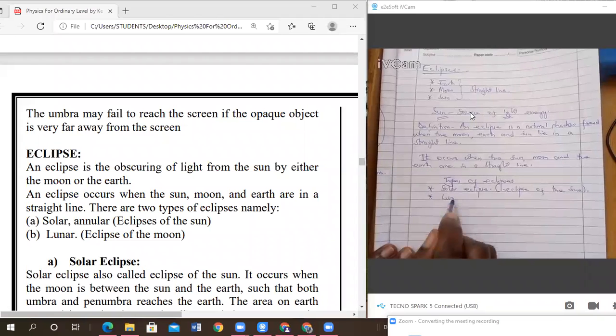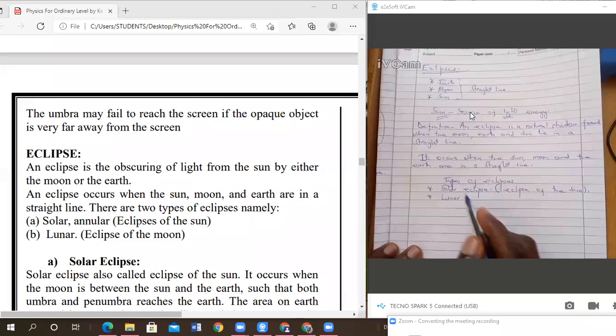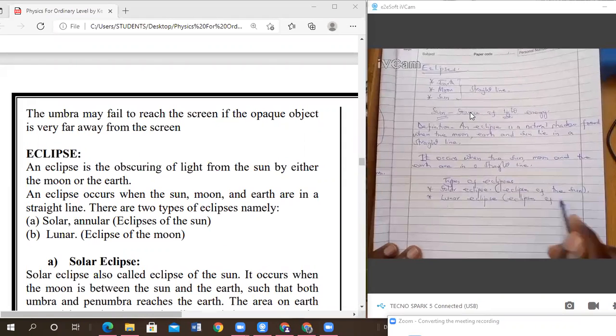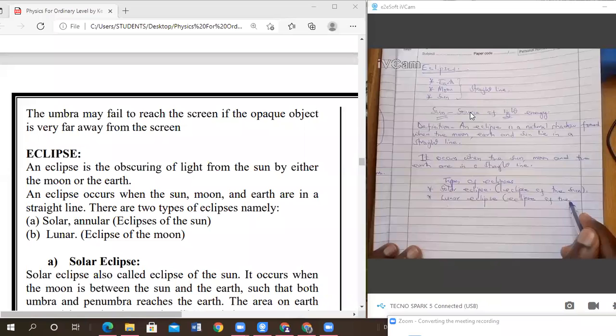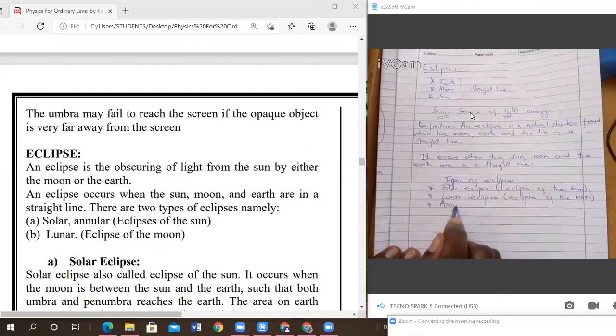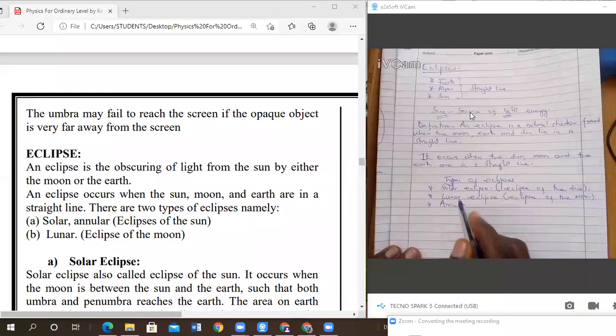I believe you were able to see it from the video. The lunar eclipse is the eclipse of the moon. You saw it from the video also. Then we have what we call the annular eclipse.